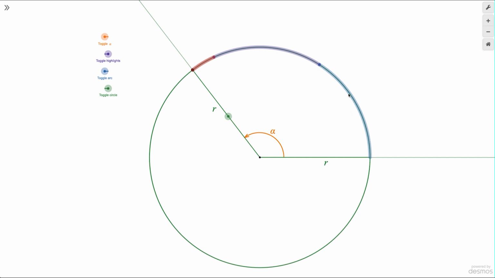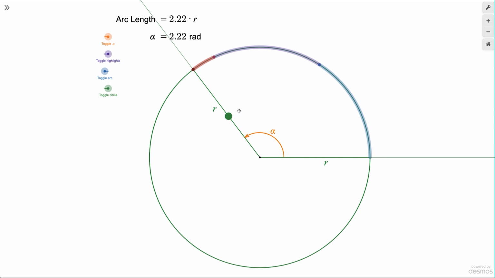Here is highlighted 1 radius length and 2 radius lengths, and it looks like maybe another 1/5 of a radius length. So maybe we'll call this measure alpha about 2.2 radians. Let me check. Yep, it's very close, about 2.2 radians.